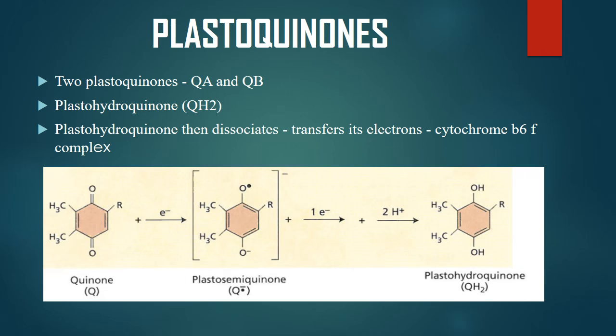The plastohydroquinone then dissociates from the reaction center complex and enters the hydrocarbon portion of the membrane, where it in turn transfers its electron to the cytochrome b6f complex.